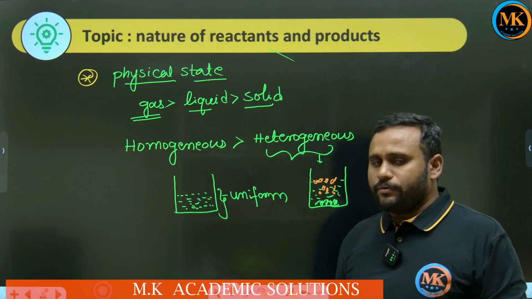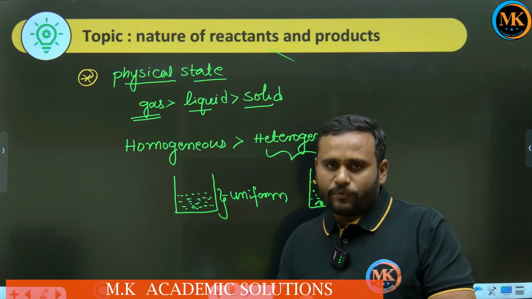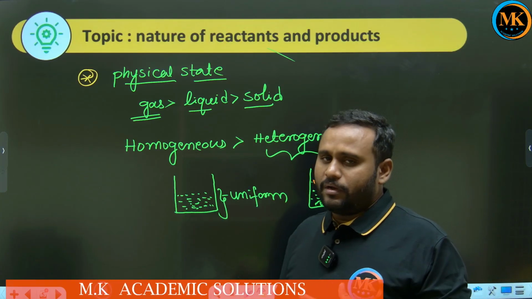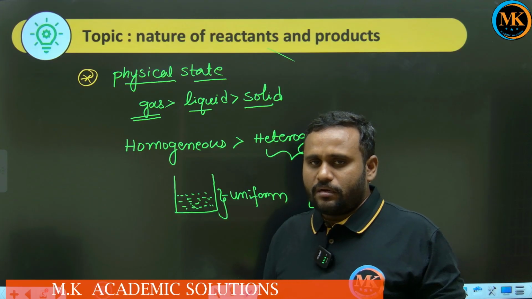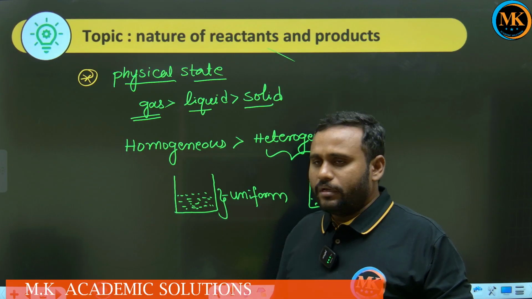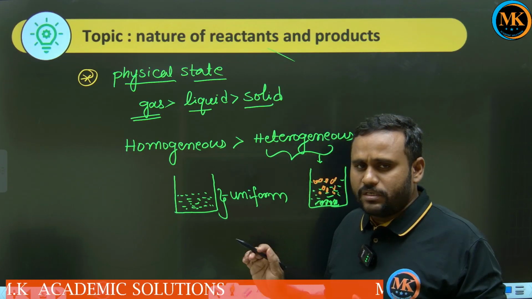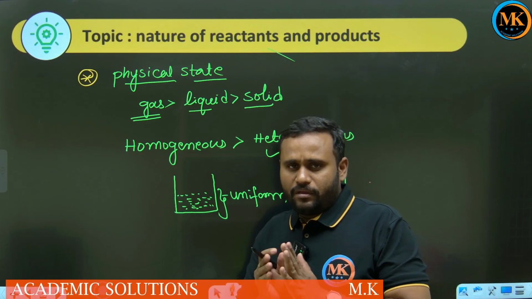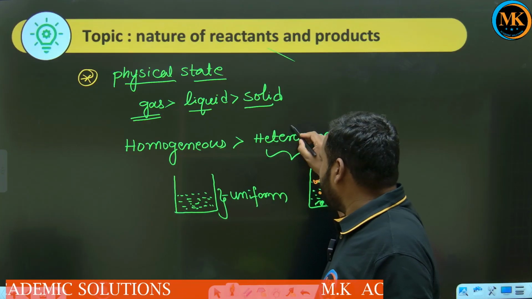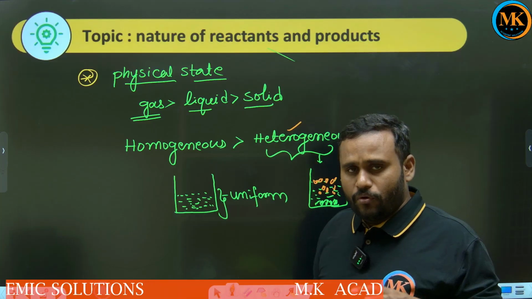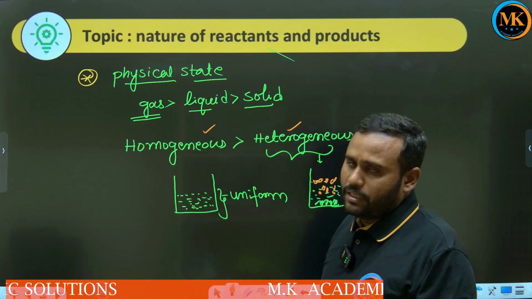In heterogeneous mixtures, the number of collisions is very low, because the reactant molecules are not mixed thoroughly. That is why heterogeneous reactions are very slow when compared to homogeneous reactions.